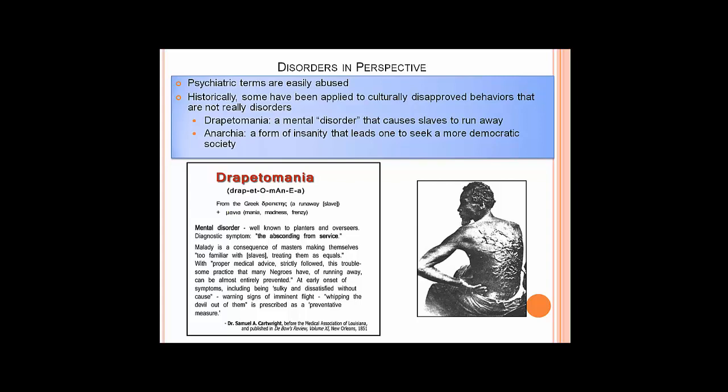And anarchia is a form of insanity that leads one to seek a more democratic society. Again, these are sort of fantasy disorders, I guess you'd say, that are used to make it okay.